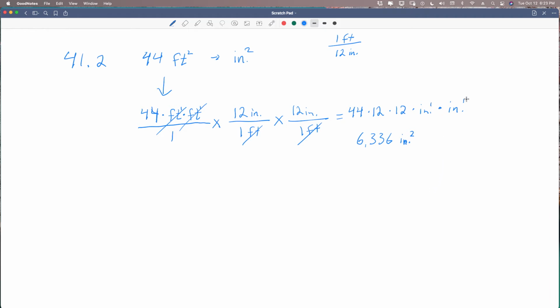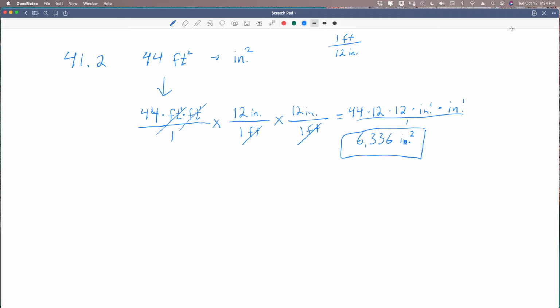We just add the exponents together whenever we multiply variables with the same base. So it's really all we're doing. And because 1 times 1 times 1 is 1, all of this would have been over 1, right? But anything over 1 is a whole number. So that makes this your final answer.